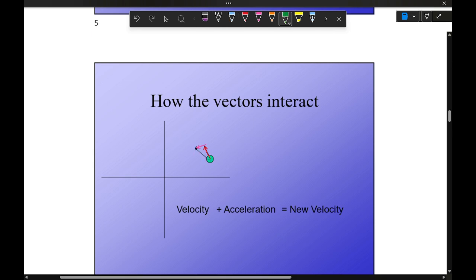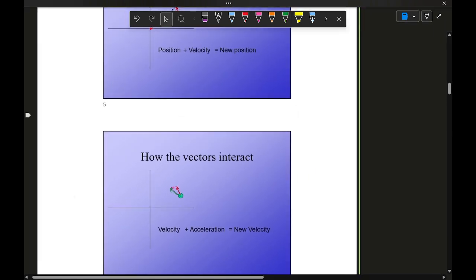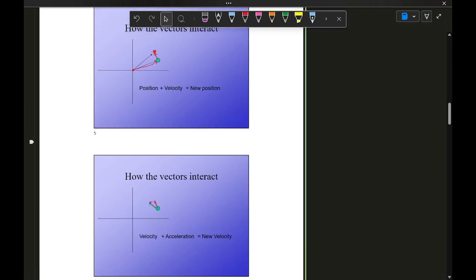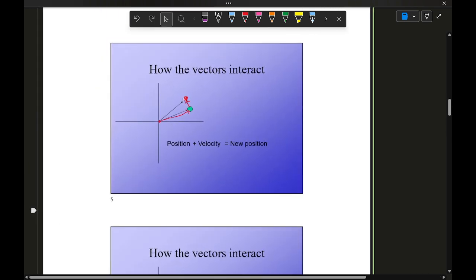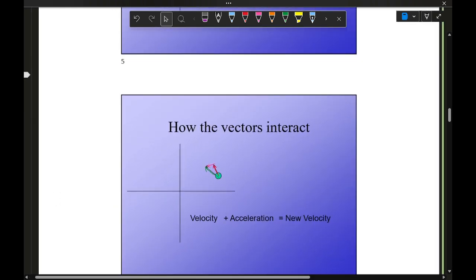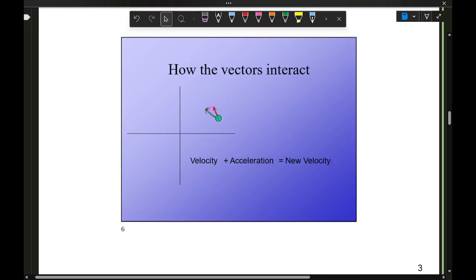Pick a better color, in green. So over time, you're adding the small pieces of velocity to the position, and adding the small pieces of acceleration to the velocity over time.